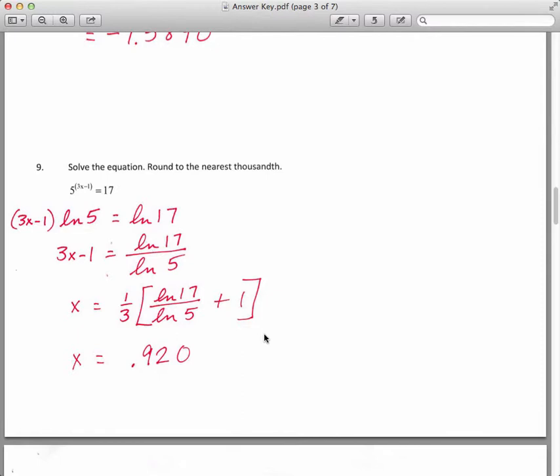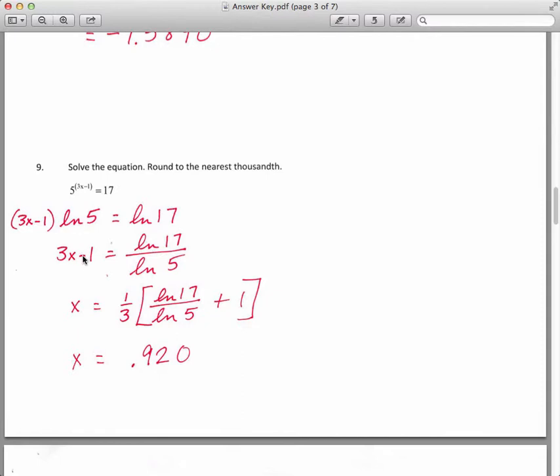So natural log of both sides is what I chose to do. And then the third property of logarithms says that we can bring the exponent down in front. So the 3x minus 1 comes down in front, and then in order to start isolating the x, we could divide both sides by natural log 5. So natural log 5 is here.